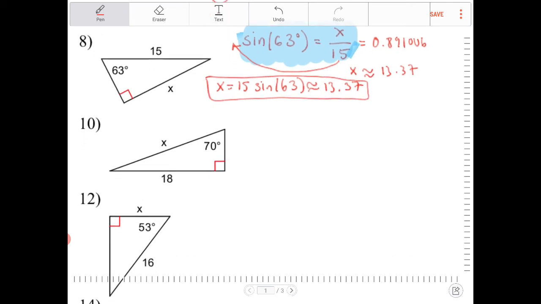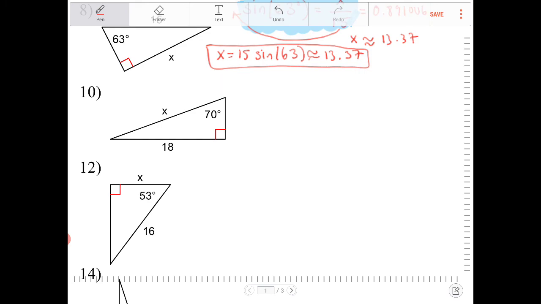All right, number 10. So this side here is opposite. This side is the hypotenuse. So how are we going to do this? Opposite of 70, that is, right? So again, we're going to do sine. So sine of 70 is equal to 18 over x, because 18 is opposite and x is the hypotenuse.